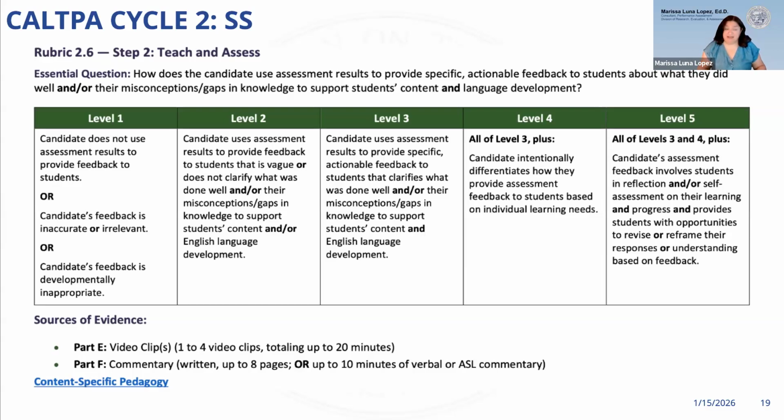So a candidate might say, "Great job, high five, kid," and then write in their commentary, "I gave a high five to this kid because he did a really nice job responding to the prompt," and then, right, that's the specific feedback. That might be the specific actionable piece, but we didn't see it in the video, so they can't get credit for it.